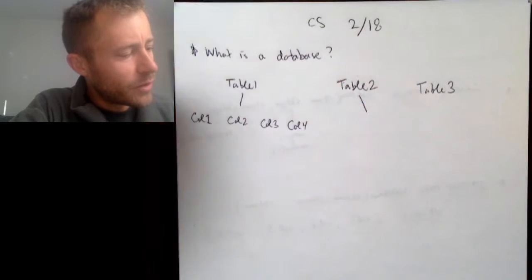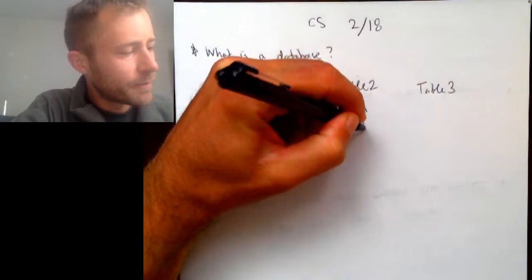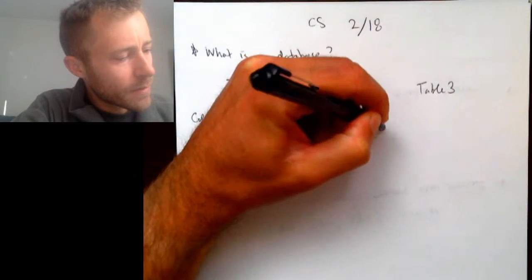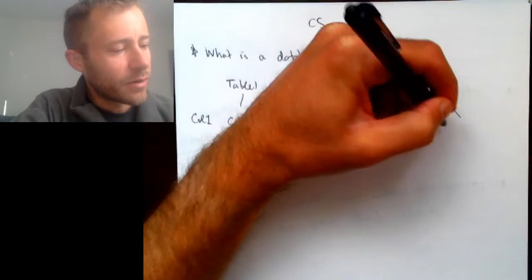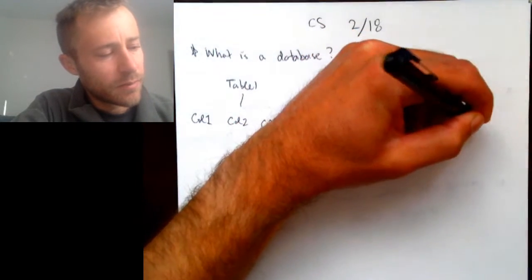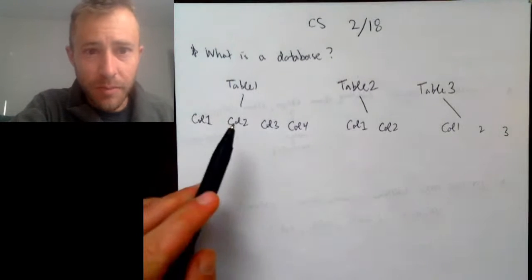Maybe table 2 only has 2 columns. Maybe table 3 has 3 columns. So these are all various column names.